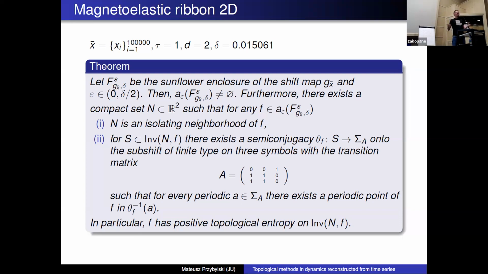So if the magnetic field is changing, then the stiffness is changing, and this strip of metal bends left and right. And those displacements were measured, and they got a time series of length 100,000 points. So we fix dimension 2, the size of the cube, and we get again the same kind of result, of course, with another transition matrix here.